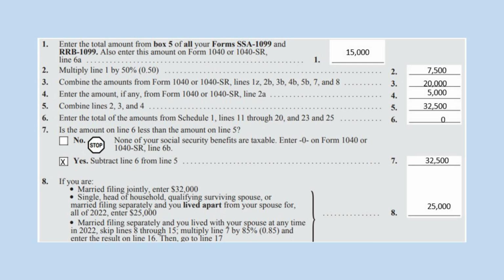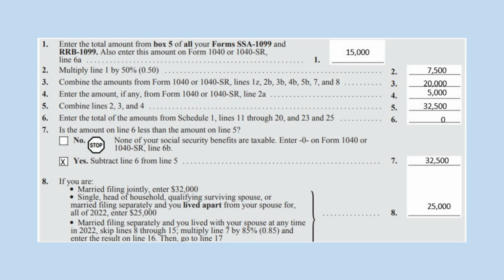On line 3, combine the amounts from the lines shown, which in our example will be $20,000 for line 3. On line 4, put the amount from line 2A of your Form 1040, which is $5,000. Combine lines 2, 3, and 4 to arrive at $32,500 for line 5.